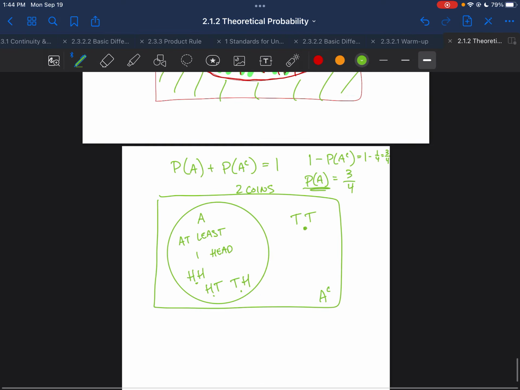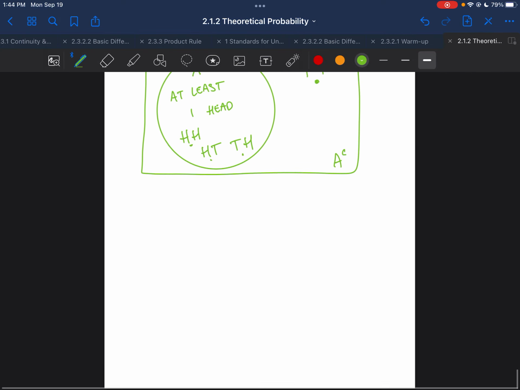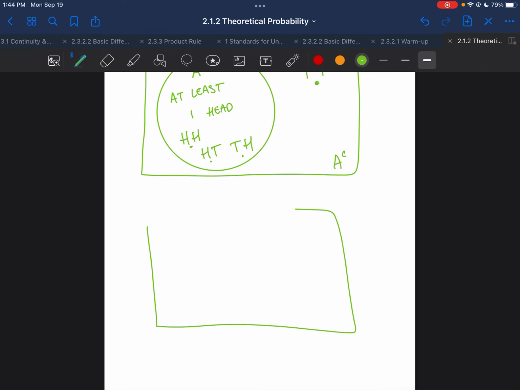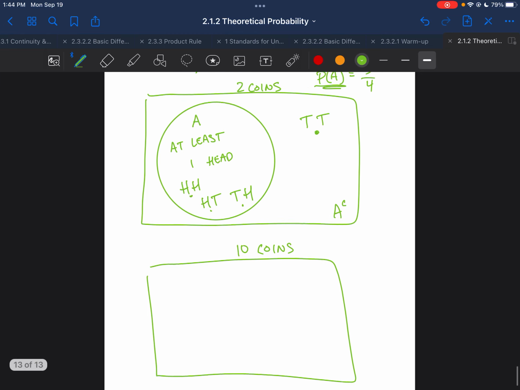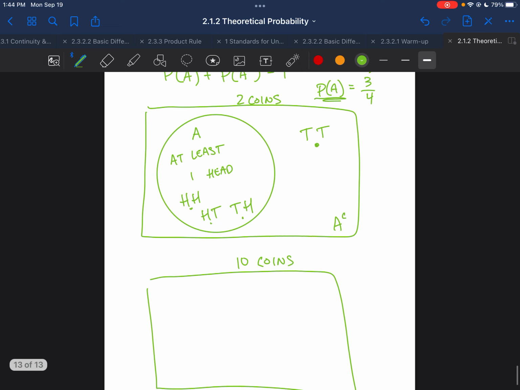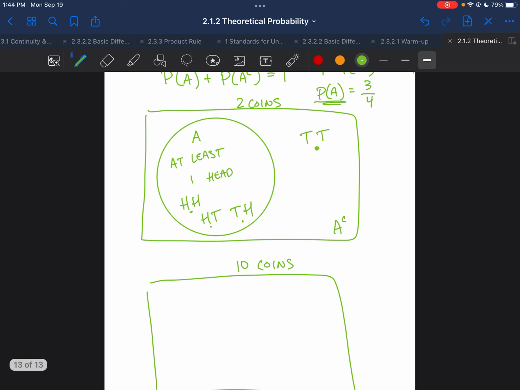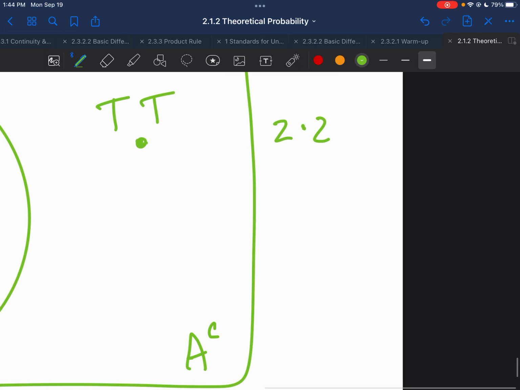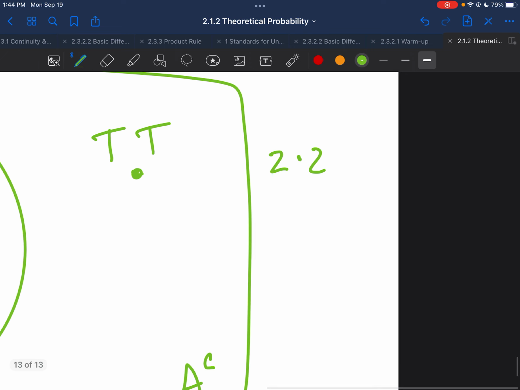So let's try this again, the same example, except now we're going to flip 10 coins at the same time. Now I knew 2 coins was easy enough because each coin has 2 outcomes. Remember our basic counting principles? We have 2 values, and that can happen for each coin.